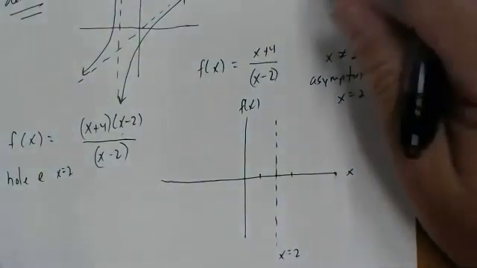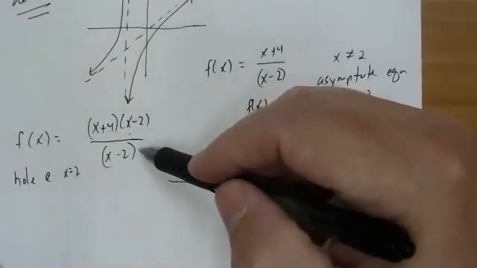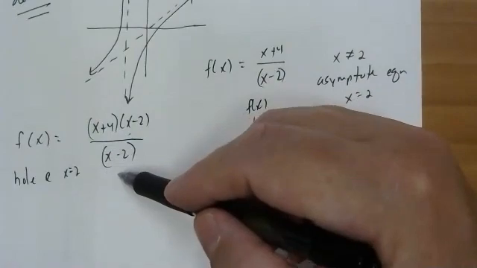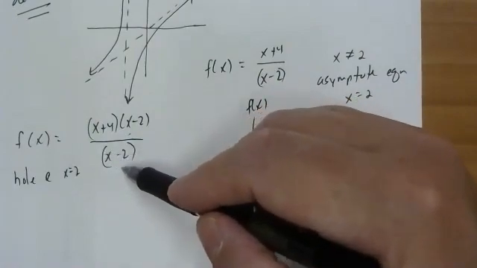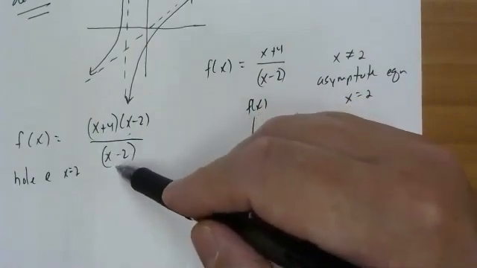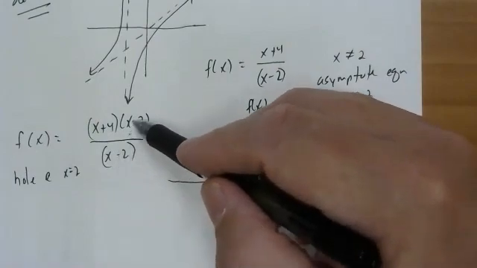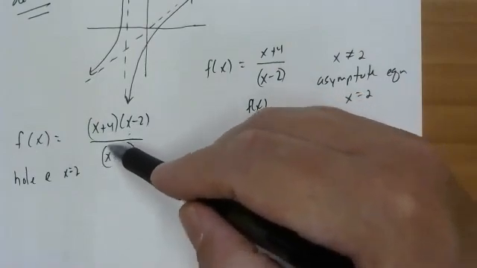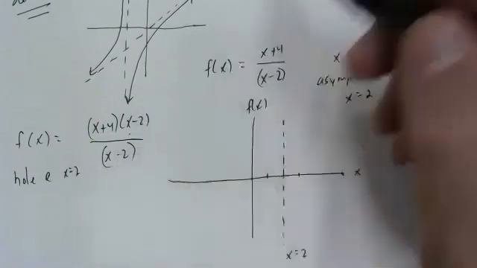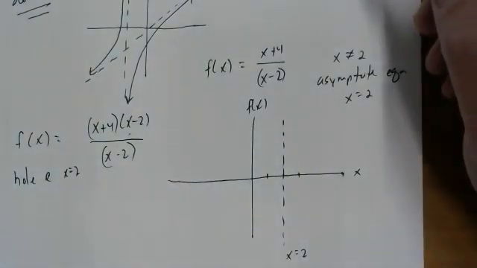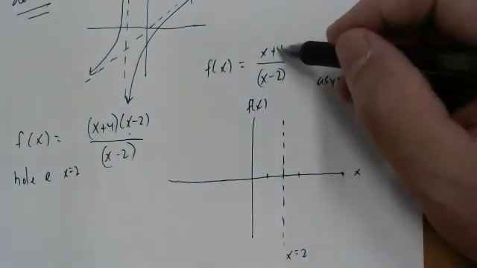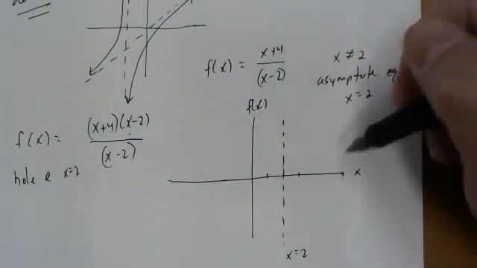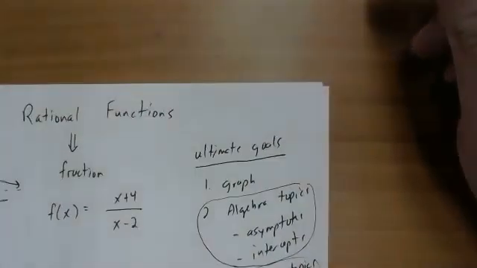So anytime you're finding vertical asymptotes from the denominator, 98% of the time it's correct, but just look up at the top and make sure you don't have the exact same factor in the top. This one we don't, obviously, so the asymptote is x equals 2.